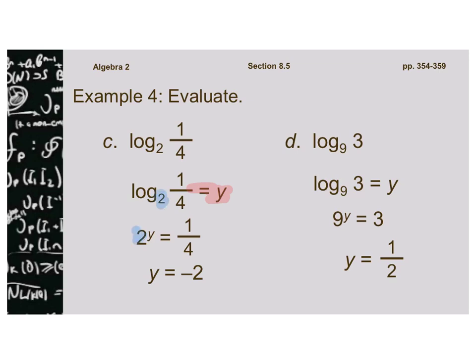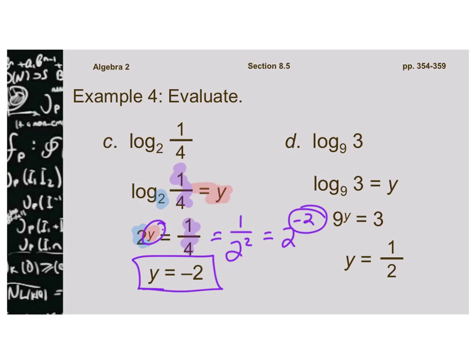So I have 2, the base, to the outie, which is my y, equals the innie, which is the 1/4. Now I rewrite the 1/4 so that it's a 2 to the something. So this is 1 over 2 squared. I have to bring it up into the numerator, and that makes it 2 to the -2. So now -2 is y.